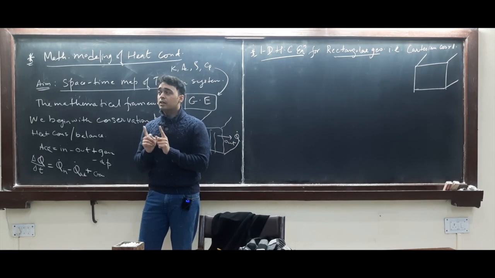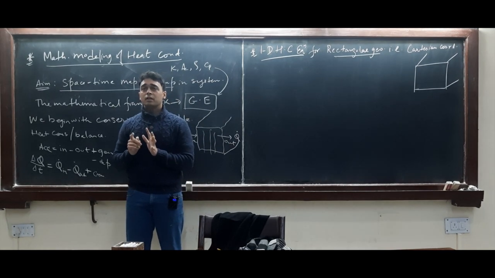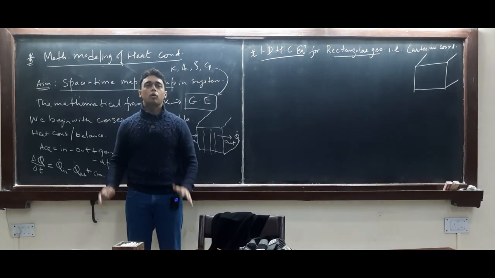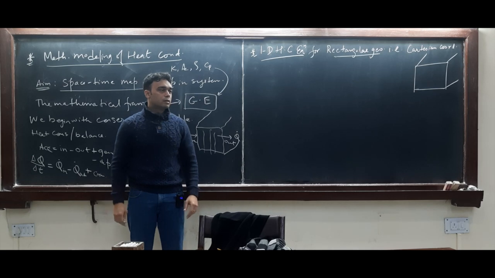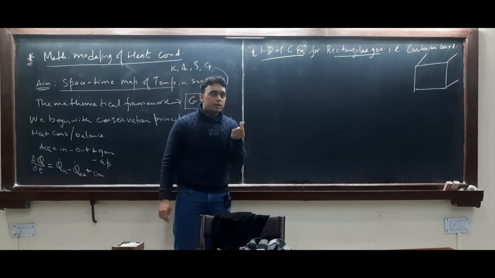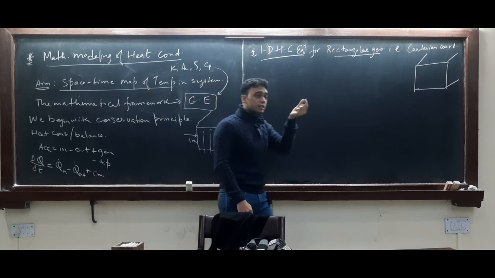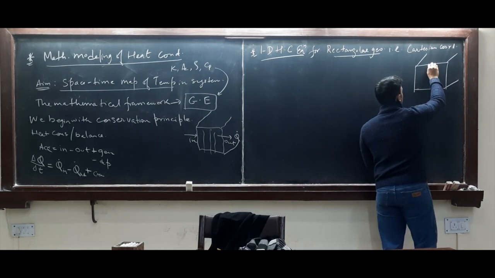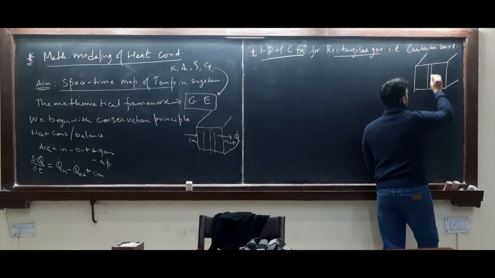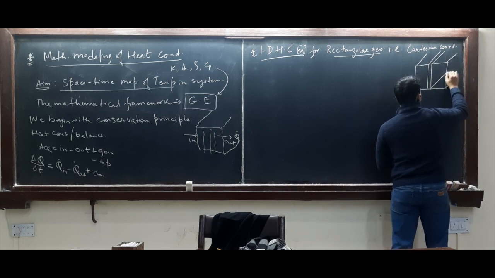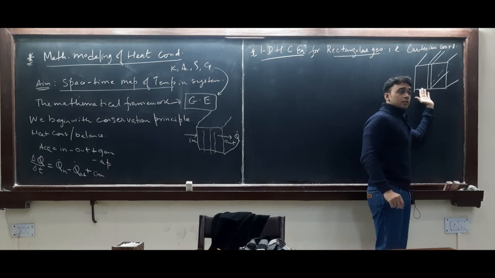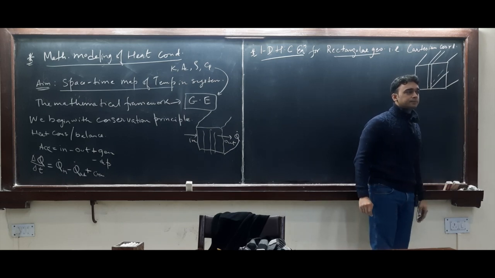And then we'll say, if it is valid for a very small element, and if the thermal properties are uniform, then we can write for the entire wall or entire material. So we'll take a small element, and now since it's 1D, we'll take a small delta x element. Okay, and we'll write an equation for this, and by generality we'll say this equation is going to be valid everywhere.